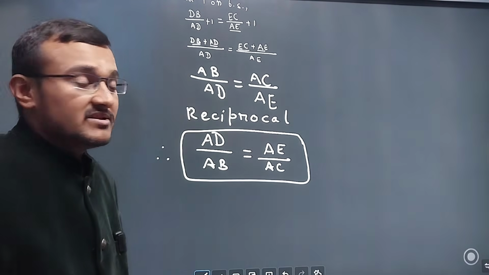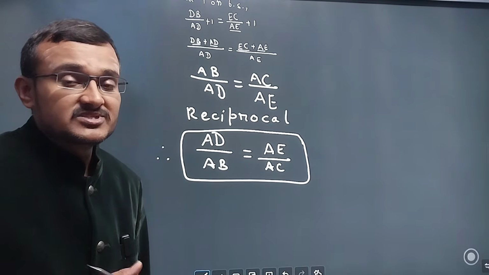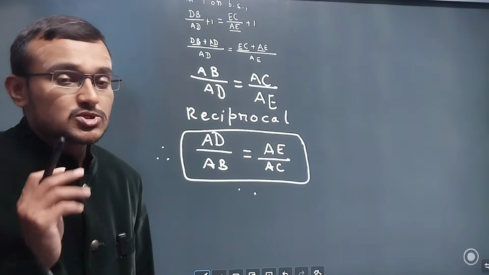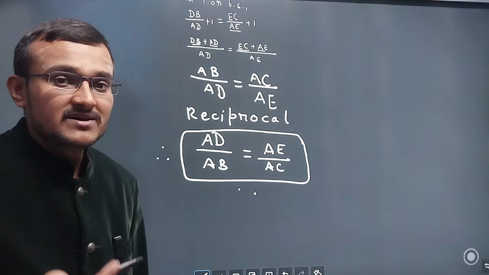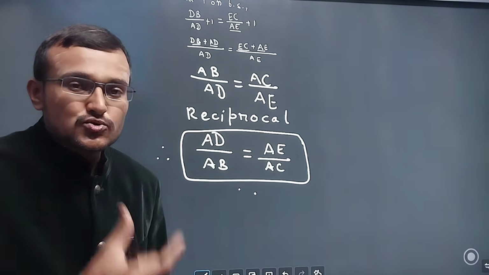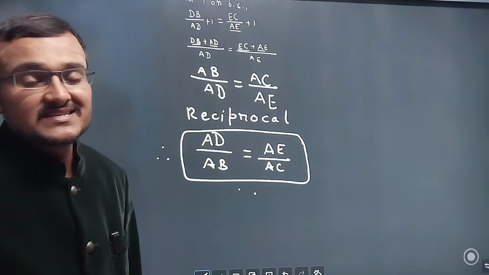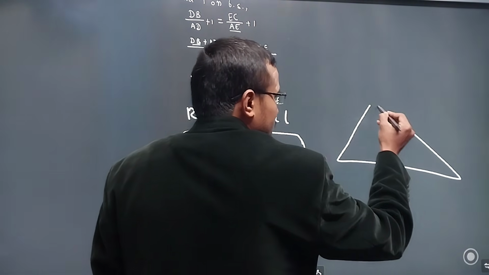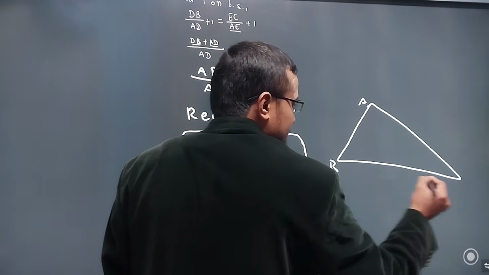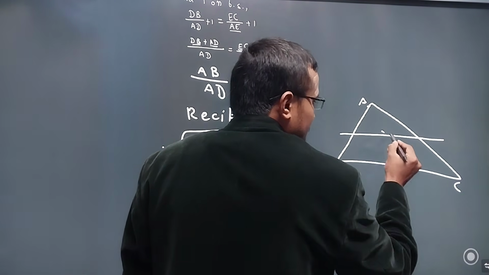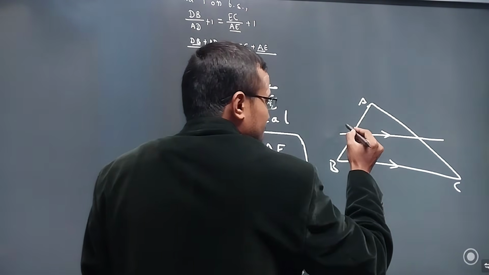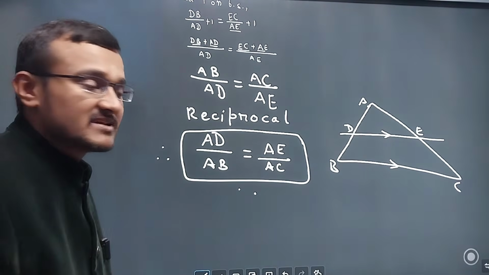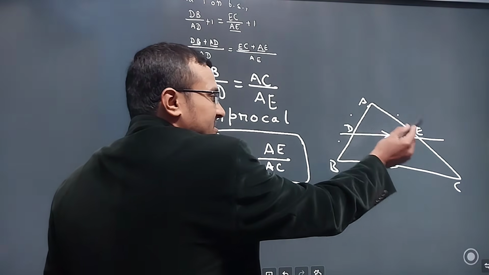And one more thing you should remember: to solve the questions in exercise 6.2, you need to remember this condition also. Whatever we have solved in example 1, the same you need to use to prove certain things in exercise 6.2 questions. So just remember that if you have a triangle named ABC, and a line is drawn parallel to the third side BC, and you consider these points as D and E, we already know from theorem 6.1 that AD by DB is equal to AE by EC.